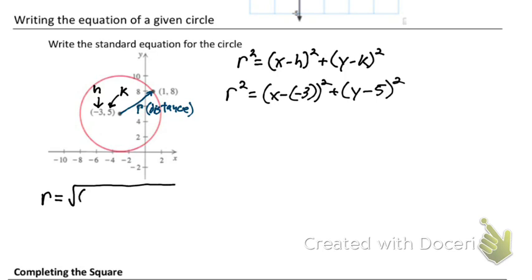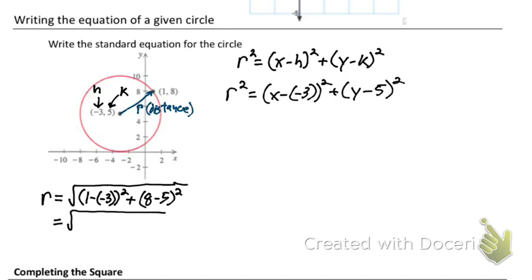Well, our distance formula, once again, is our two x values subtracted and squared. So 1 minus a -3, squared. And we're going to add our two y values subtracted and squared. So that'll be 8 minus 5, squared. Let's run that down.